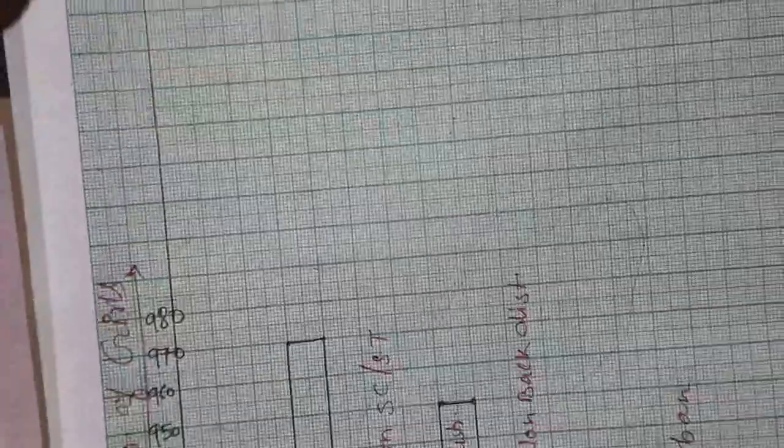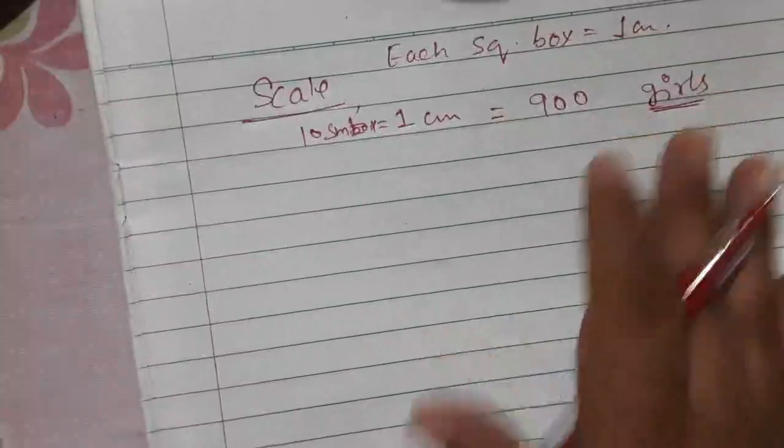Now, as I told you, I have mentioned the scaling here. Whenever we are drawing a bar graph, we have to write a topic, so we have to mention our topic over here.